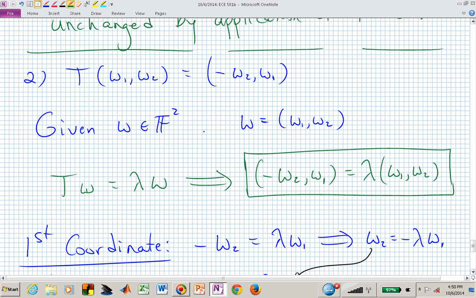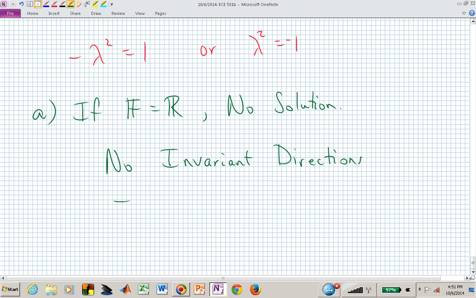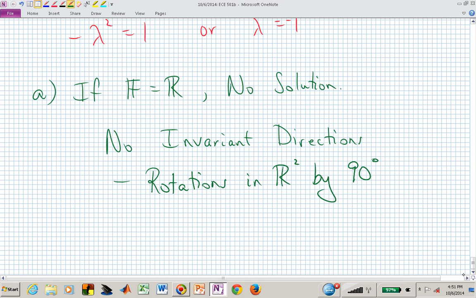That's really what this is saying, if we're dealing with real numbers for our scalar coordinates in these vectors. So no invariant directions, and that was maybe clear if we would have just looked at this being rotations in R2 by 90 degrees. And a rotation is not preserving direction.